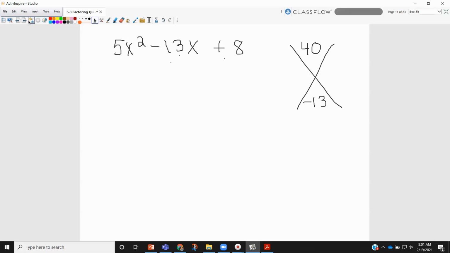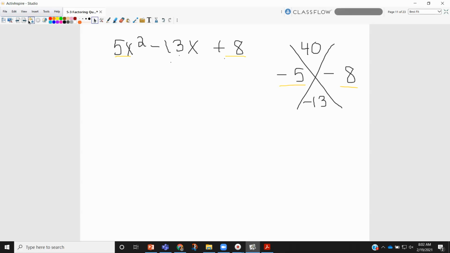Because the middle term is negative and the last term is positive, both of my factors need to be negative. So negative 5 and negative 8 sum to negative 13 and multiply to positive 40. That's where I was saying that sometimes the actual numbers in your problem end up being the numbers in your factoring terms.